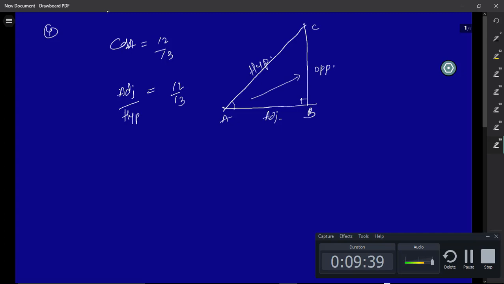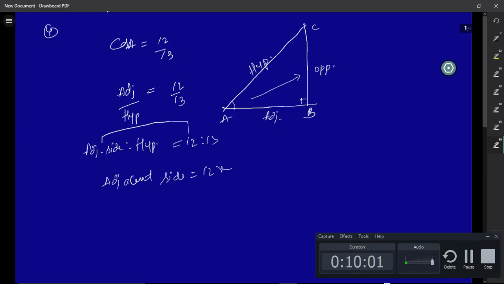We can write it in the form of a ratio. Adjacent side is to hypotenuse is equal to 12 is to 13. We'll take the adjacent side as 12x and the hypotenuse as 13x.